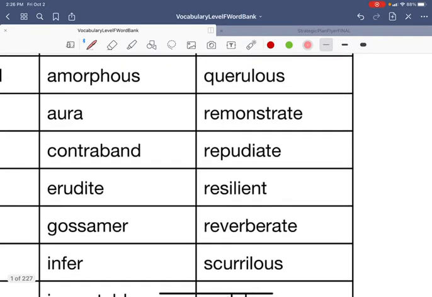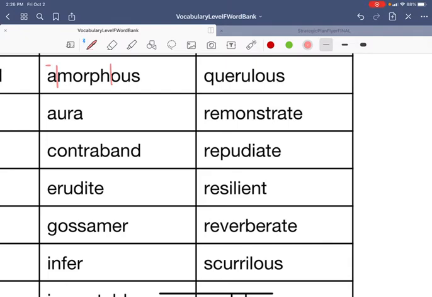Okay, let's move on to the next word, which is amorphous. A has a negative, or I don't want to say connotation, but it means maybe without whatever the core meaning of this word is.